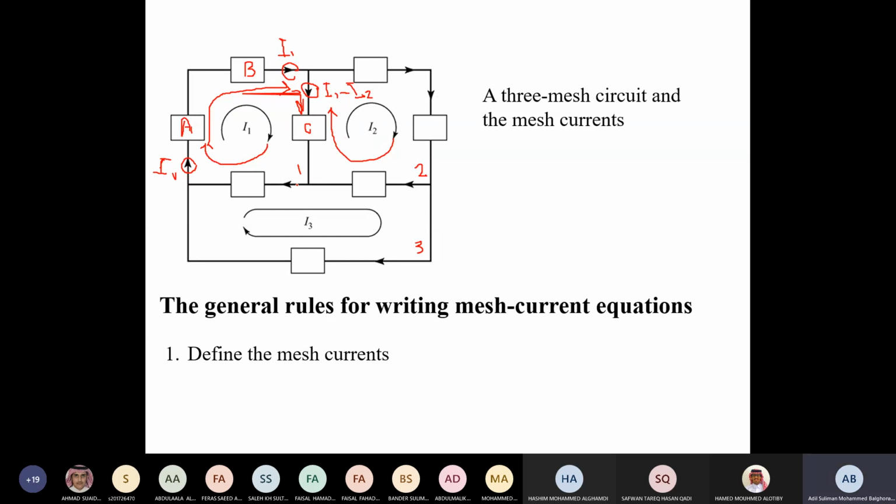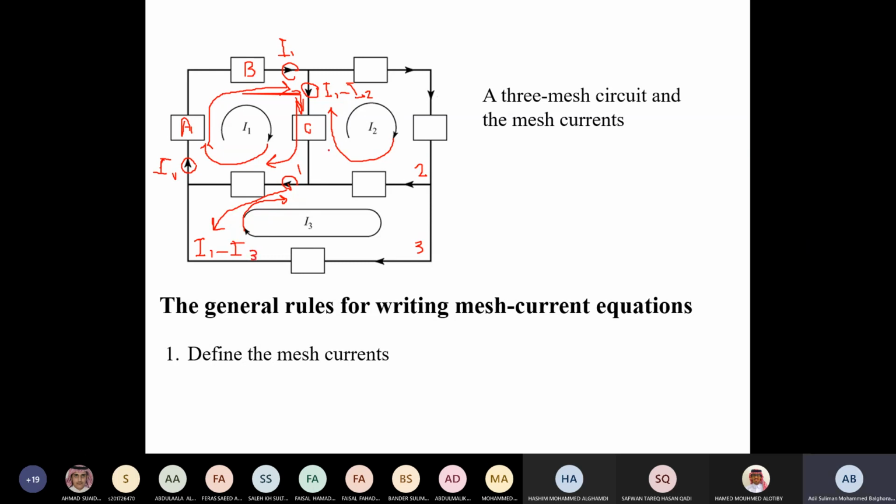And this one over here also, since the current I1 is circulating like this in this direction, and I3 is coming in the opposite direction, so this current is going to be equal to I1 minus I3, okay?